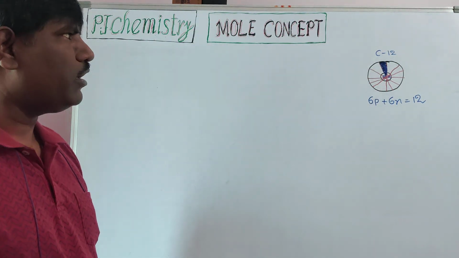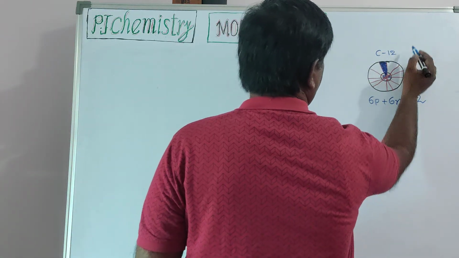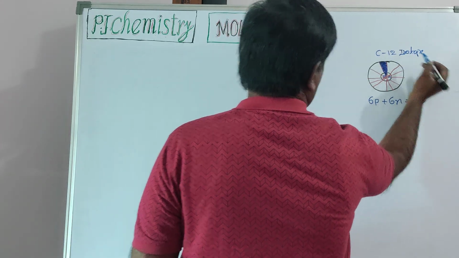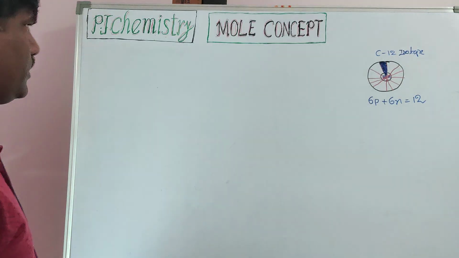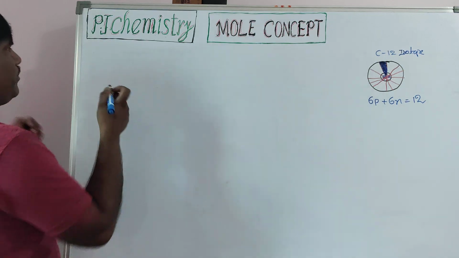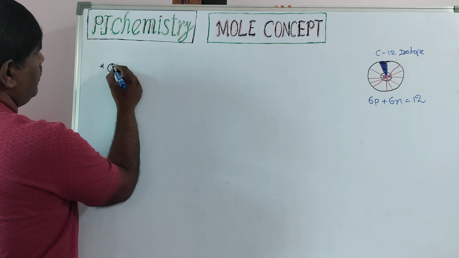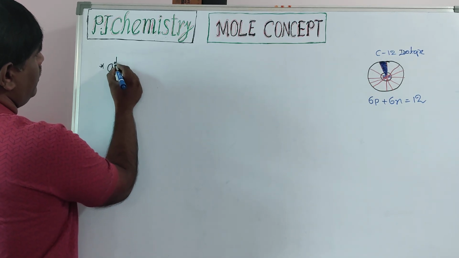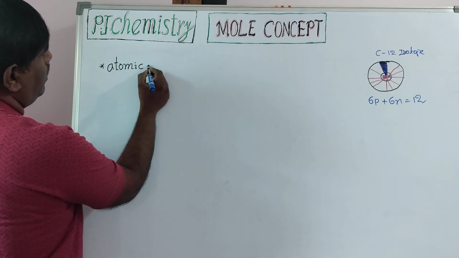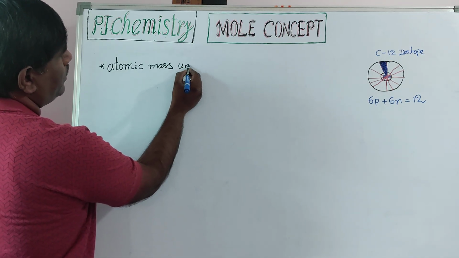AMU, atomic mass unit. Okay, what is meant by AMU? AMU stands for atomic mass unit.